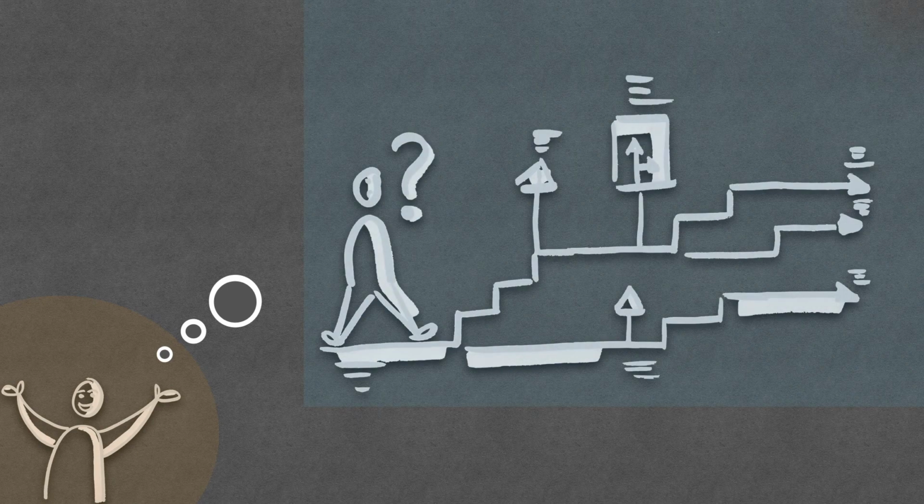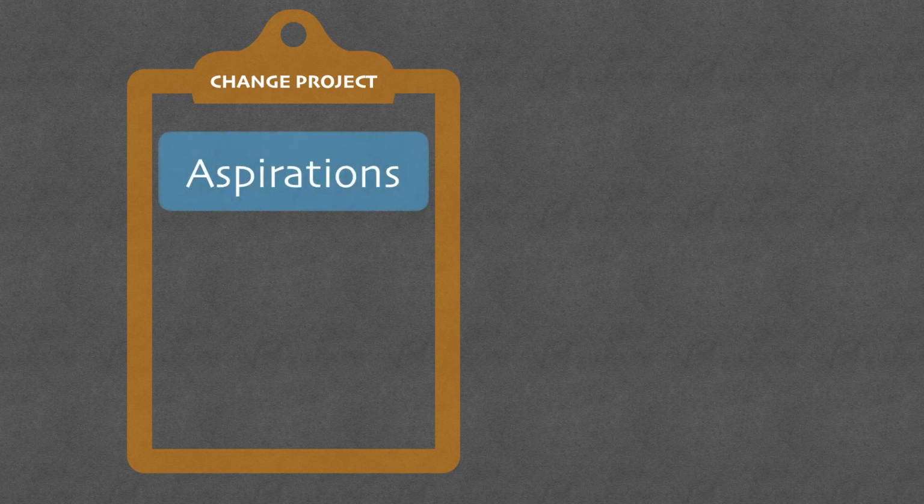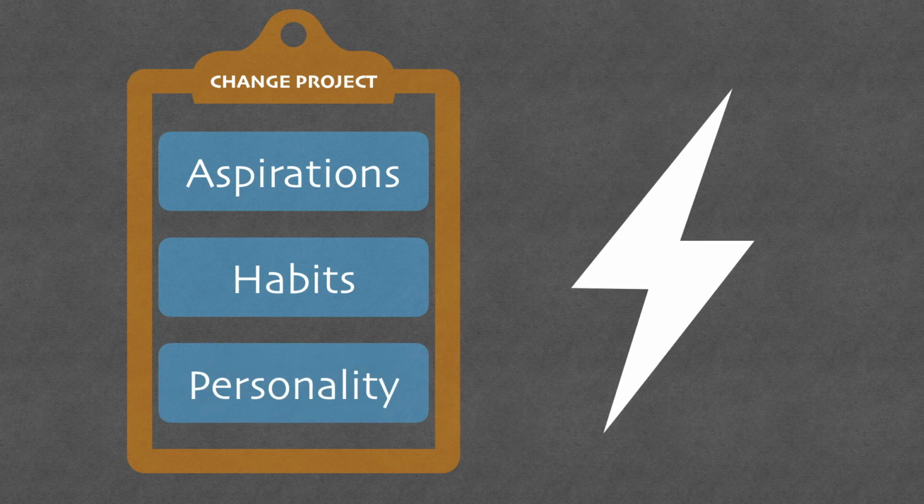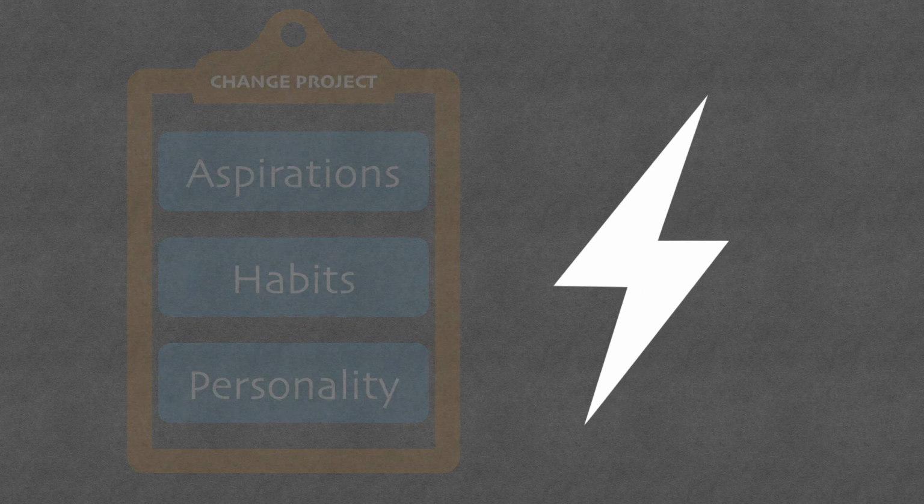Change forces us to exchange a familiar reality with an uncertain future. Therefore, it can be quite scary. Depending on one's aspirations, habits and personality, a change project can generate different forms of resistance that you must detect and deal with so that the project is not affected negatively.